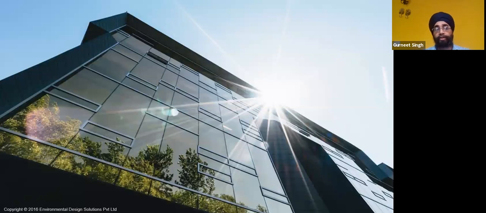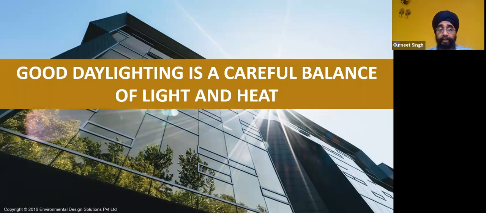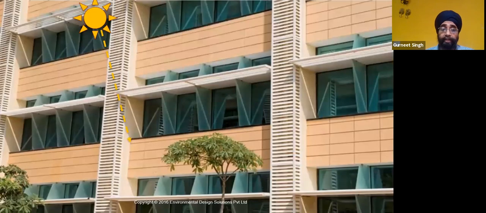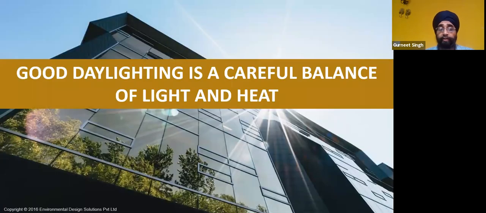Another important aspect of good daylight design is to achieve a balance of light and heat, right? At certain times of the day, at each orientation, the light will be too bright and may produce a strong glare inside the building, as we have seen in our previous slide.